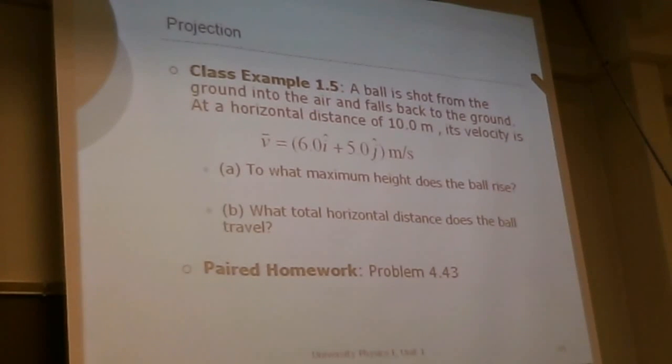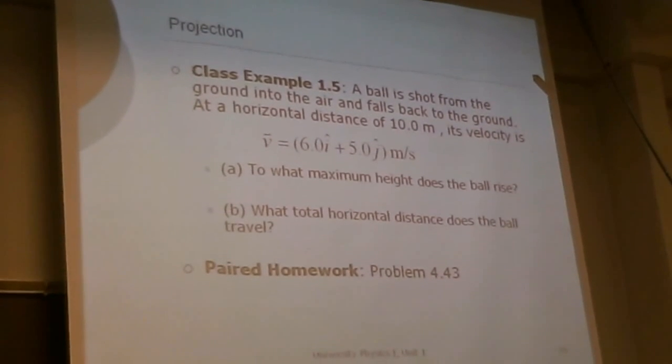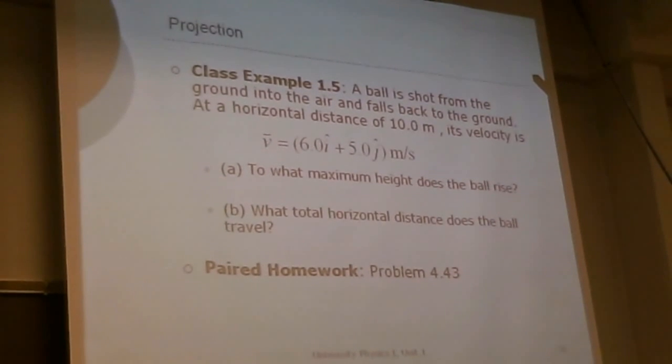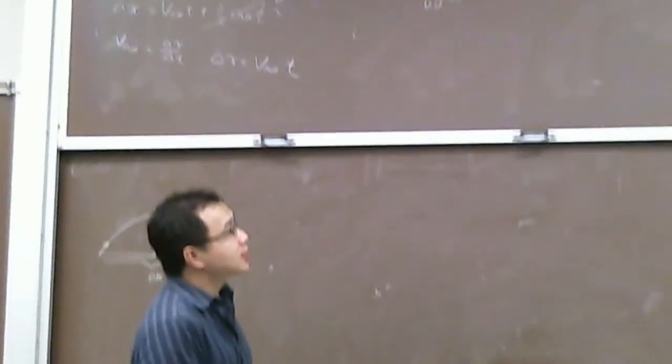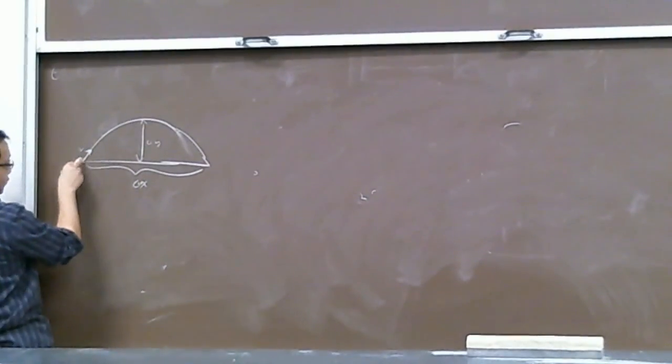If you compare it with our very beginning problem, there we gave you the initial velocity, and then you calculated the maximum height, delta y, and the horizontal range, delta x. In this one, the only trick is we give you the velocity and the horizontal distance of 10 meters. I didn't give you the initial velocity.